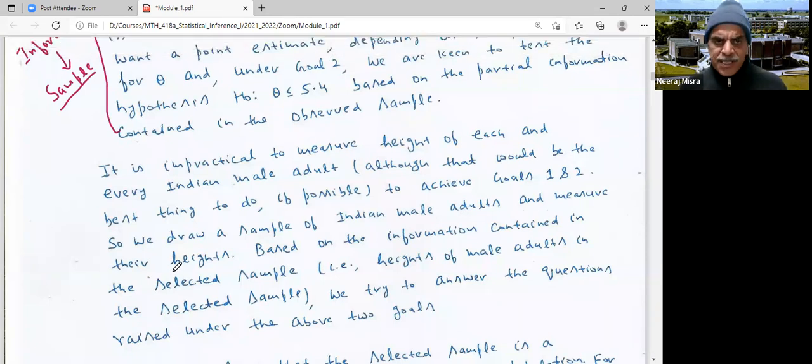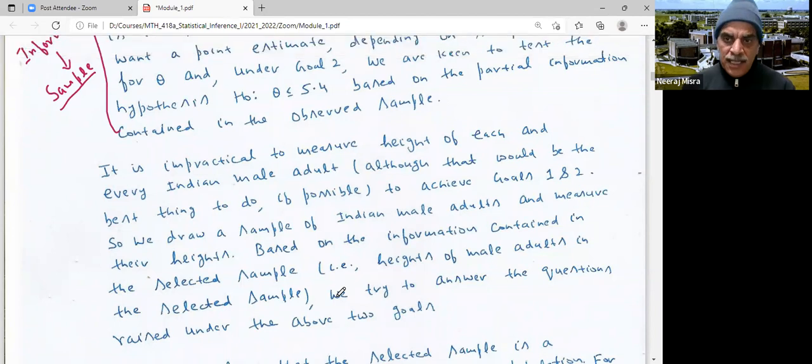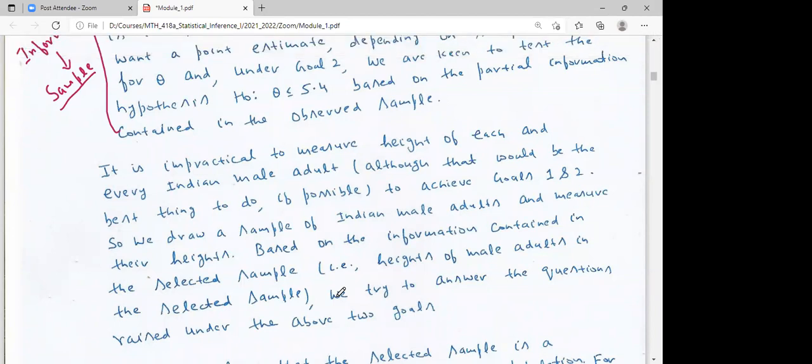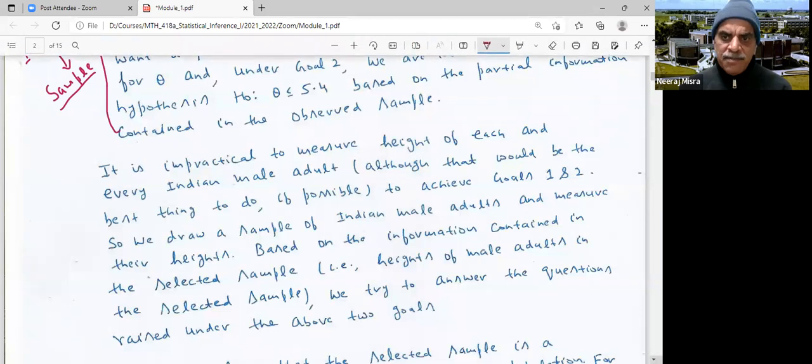So I take an appropriate sample of Indian male students. Based on the information contained in the selected sample, that is the heights of male adults in the selected sample, we try to answer the questions raised under the above two goals. So I have partial information about the population, and based on whatever partial information I have, I want to make inferences about the population mean.